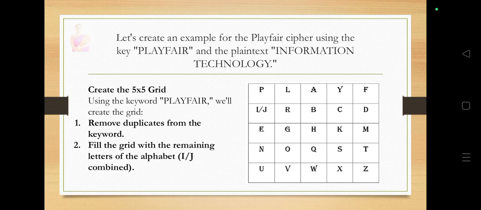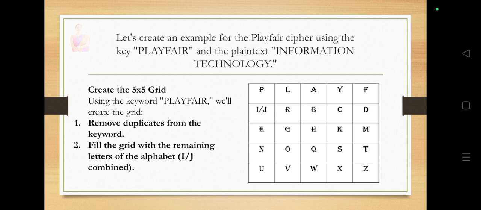By using the keyword Playfair, we will be creating the matrix. Whatever key is given, say for example, monarchy is the common key given in all the websites. If monarchy is given, you should fill monarchy in the 5 by 5 matrix first, then the remaining letters. So whatever key is given, that has to be filled first in the matrix.